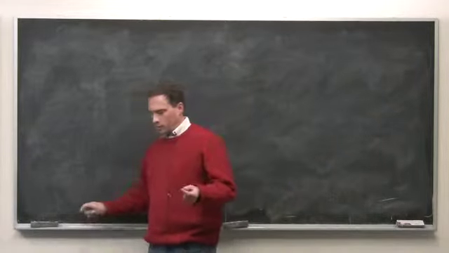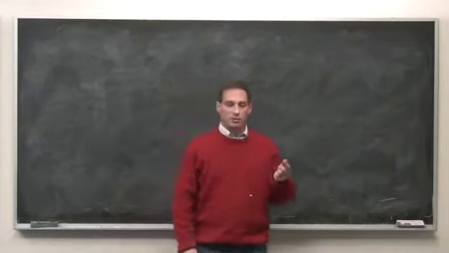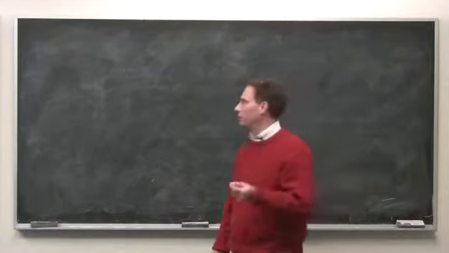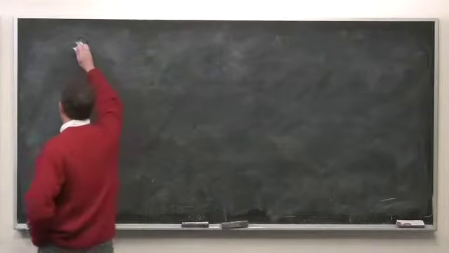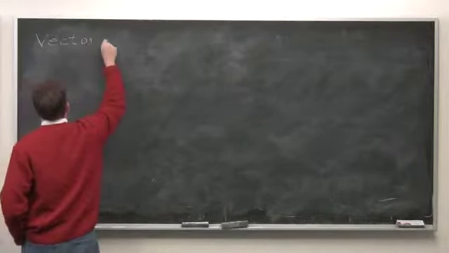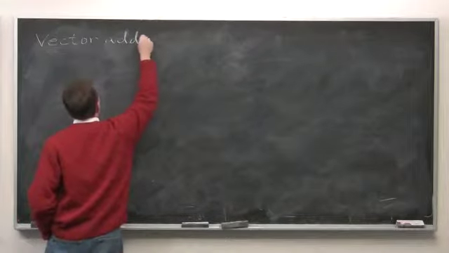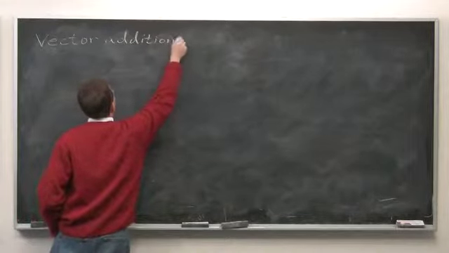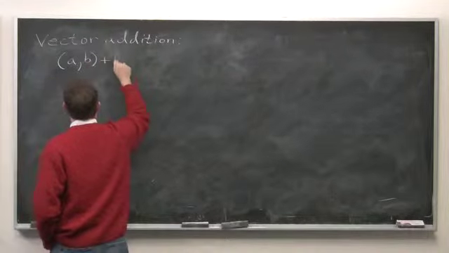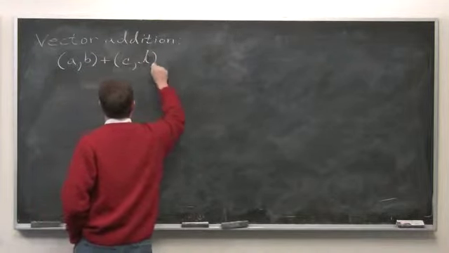So with vectors, you have 2 operations that you can perform. Actually, there are more, but 2 very fundamental ones. There is vector addition. And it's defined in the easiest possible way, the way that you would define it yourself if you had to define it.